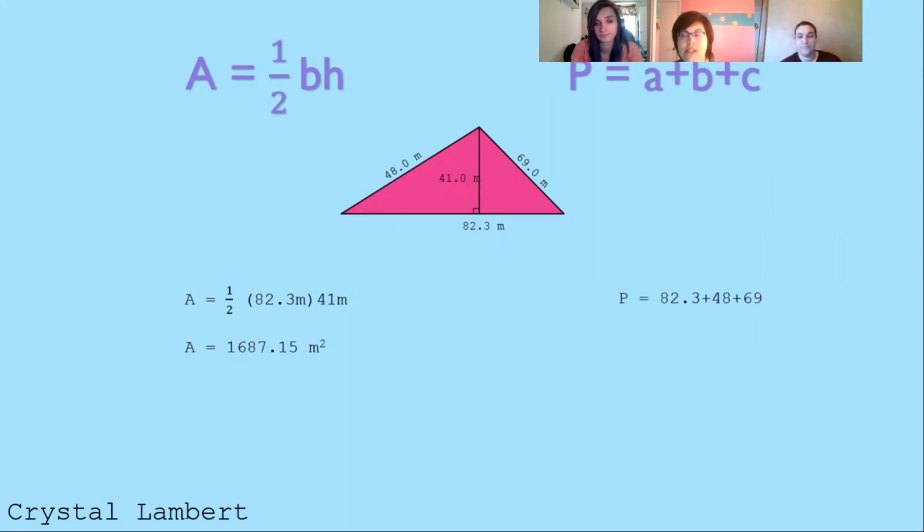And that gives us a perimeter of P is equal to 199.3 meters. And in this instance, we do not square it because we just added. And when you add measurements, you just continue with the same measurement.